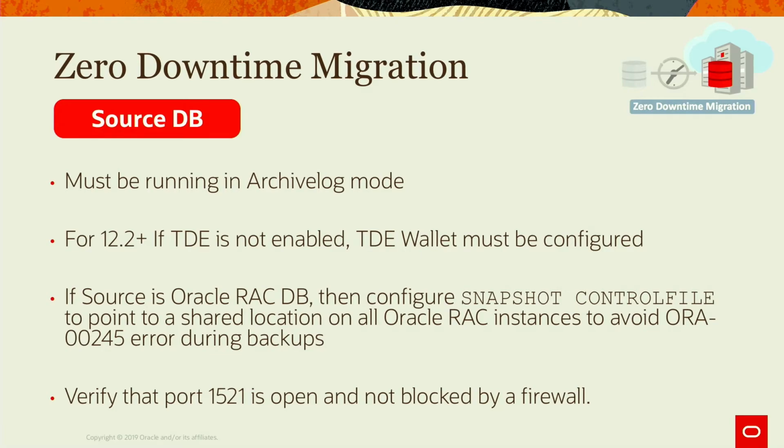Now, for the source database, it must be running in archive log mode. And really important is as follows. We allow for 11G onward databases to be migrated to the Oracle Cloud. As you know, by default, Oracle databases in the Oracle Cloud are encrypted with TDE, so they're TDE enabled, right?